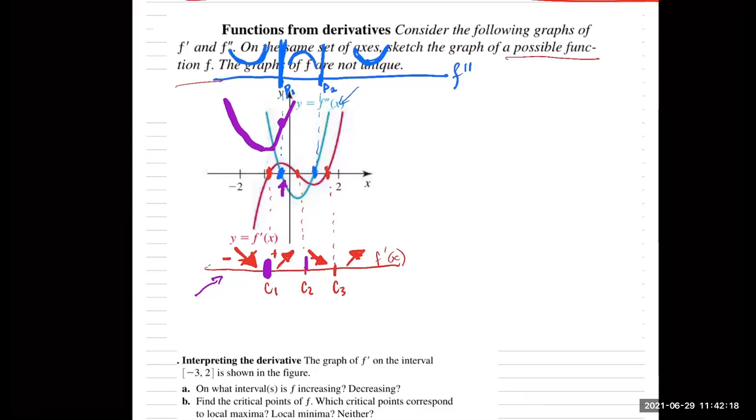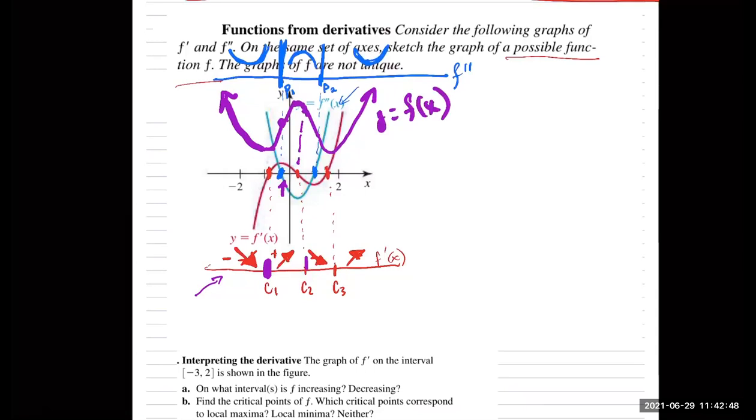I'm going to have to back up just a little bit because at C2, I should have a maximum. Right here, I'm trying to make that look like a maximum. And then notice it's decreasing, it's concave down until it gets to that inflection point, right? And then it starts being concave up, but it's still decreasing until it gets to here. So this is one possible graph of F.